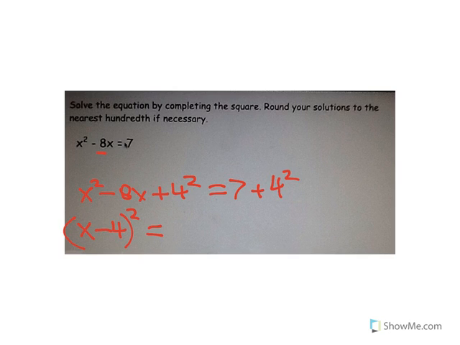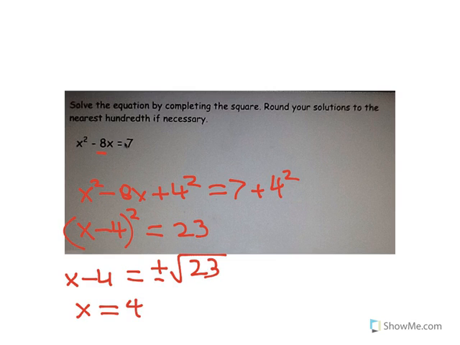And that's going to be equal to 7 plus 16, so it's going to be 23. So then we take the square root of both sides. X minus 4 is equal to plus or minus the square root of 23. So x is going to be 4 plus or minus the square root of 23. And then we just take the square root of 23 and add it to 4. I'm not going to finish that off.